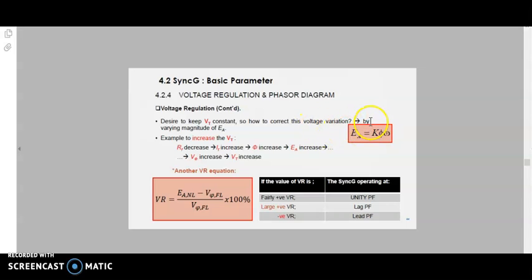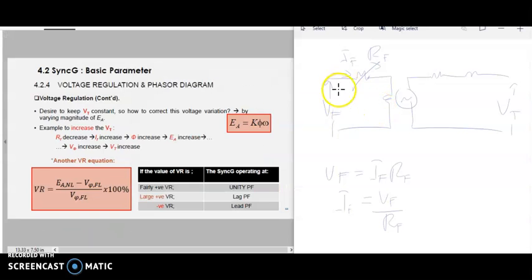The way we do it is by varying the magnitude of the internal generated voltage. For example, to increase the terminal voltage, we reduce the field resistance, so the field current increases. Let's draw again the equivalent circuit of the synchronous generator.